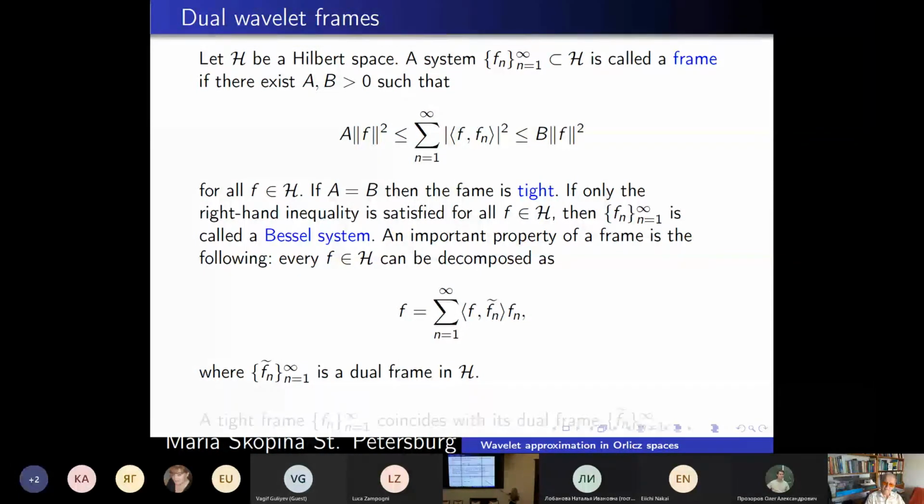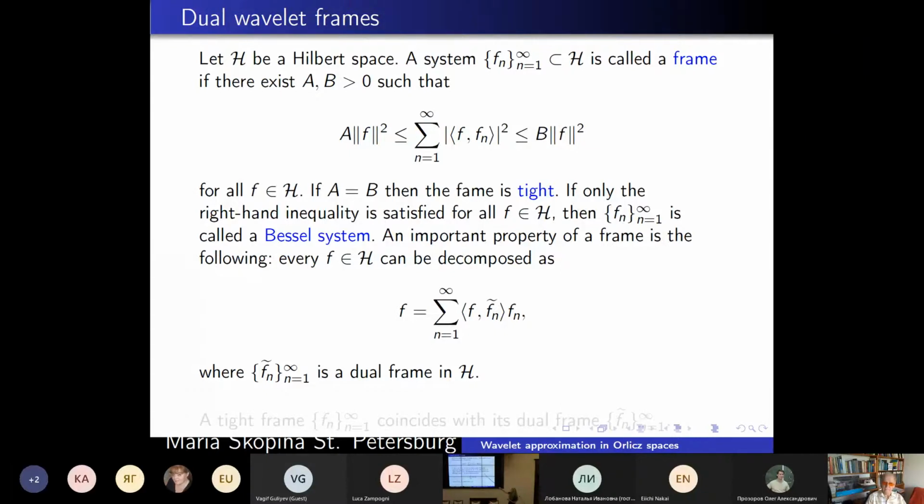The main property of frames: for any f from the Hilbert space H, the following decomposition holds, and the tilde system is also a frame. It is called a dual frame. This decomposition is a generalization of a basis.